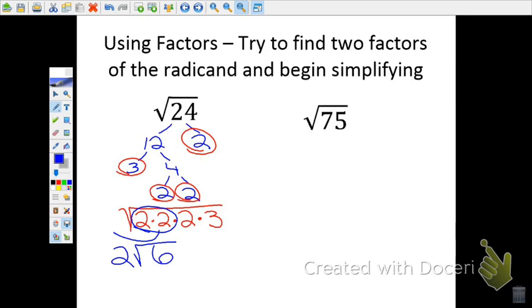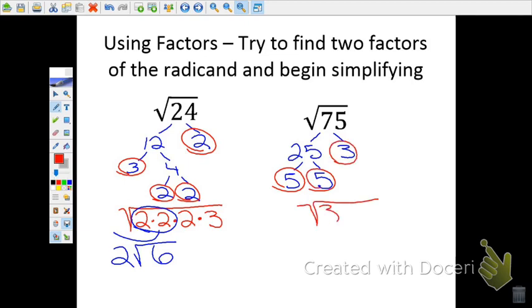What about 75? 25 and 3. Factors of 25. 5 and 5. Factors of 5. Factors of 3. None. So I'm done factoring.